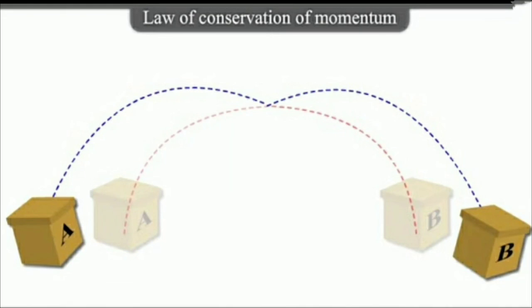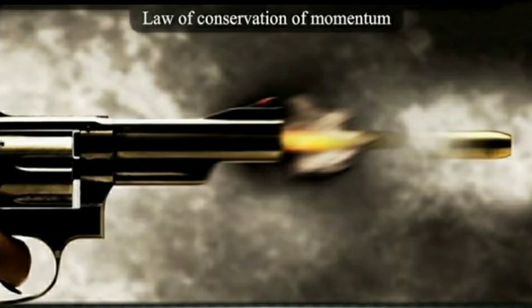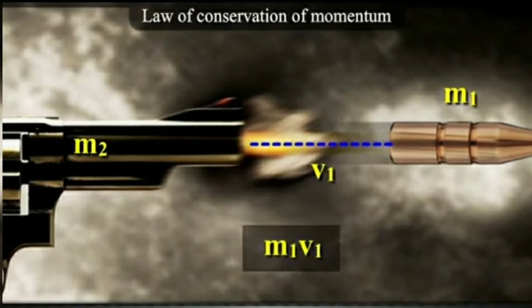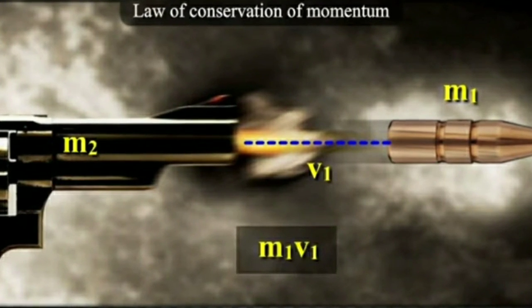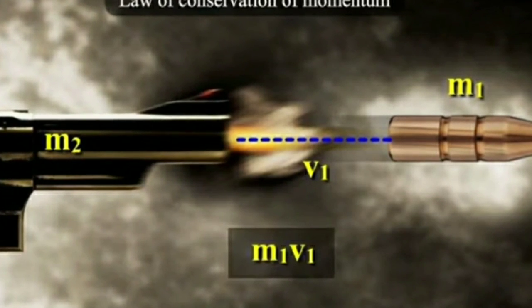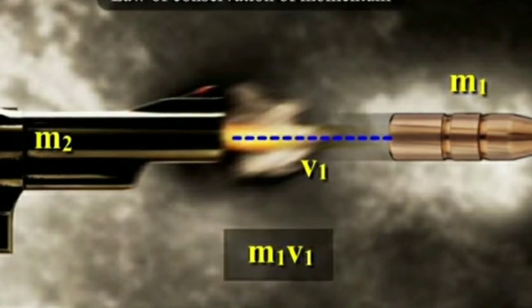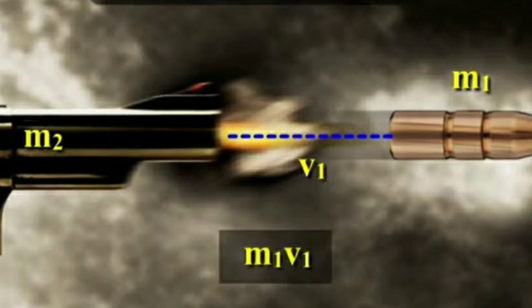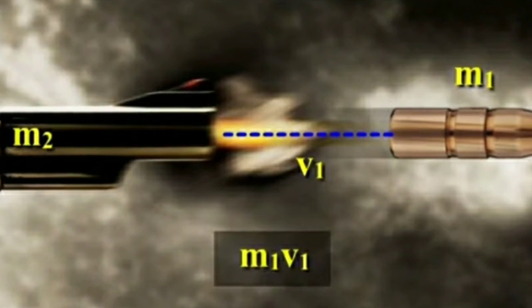In order to understand this principle, let us consider the example of a bullet fired from a gun. As you can see on your screen, children, when a bullet of mass m1 is fired from a gun of mass m2, its velocity becomes v1 and its momentum becomes m1 v1, right?